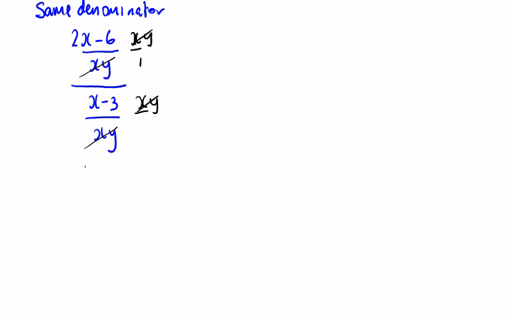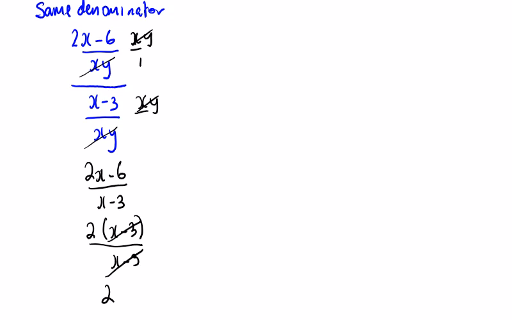So we're left with 2x minus 6 over x minus 3, and the top factorizes to give me 2 times x minus 3 over x minus 3. So this one we'd be left with a 2.